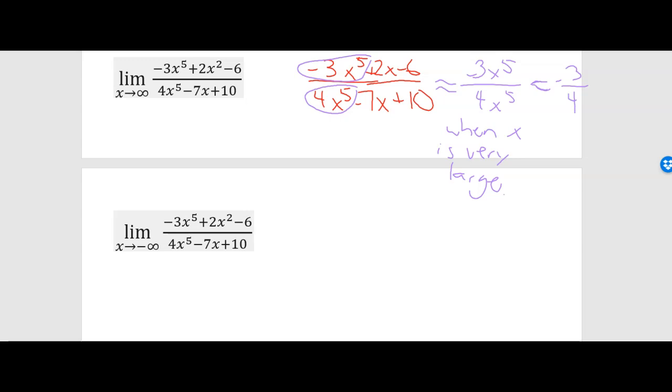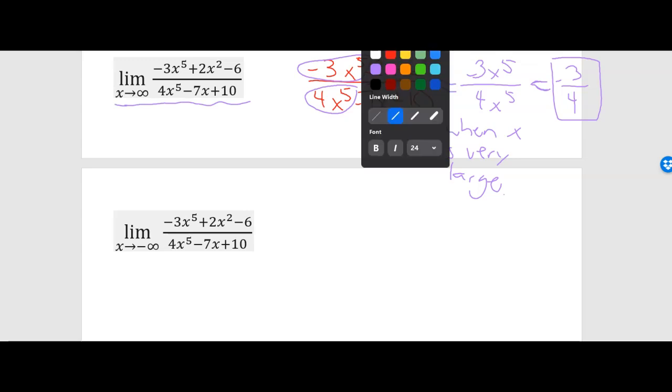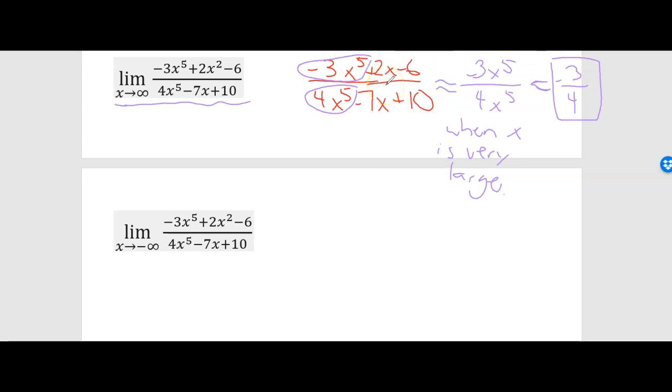Okay, which means this right here is much easier to take the limit of than our original function in black. But they will have the same limit. So this limit is equal to the limit as x approaches infinity of negative 3/4.